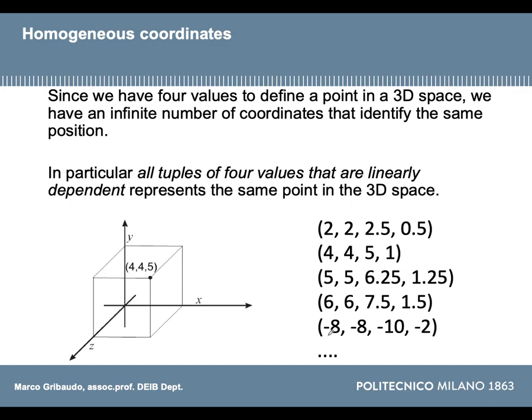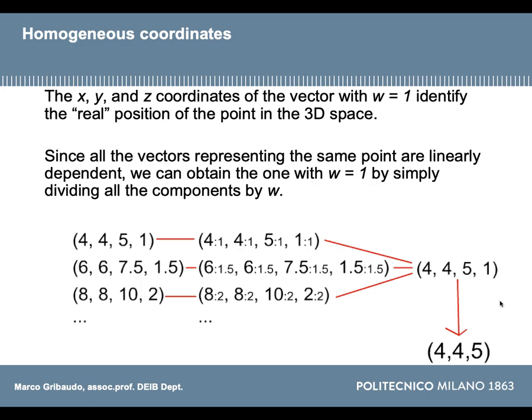The last component could be negative, so we might have -8, -8, -10, -2. In any case, when we divide the first components by the last one, we will always obtain 4, 4, 5, 1. Okay? And this is the main conversion between standard 3-dimensional coordinates and homogeneous coordinates.